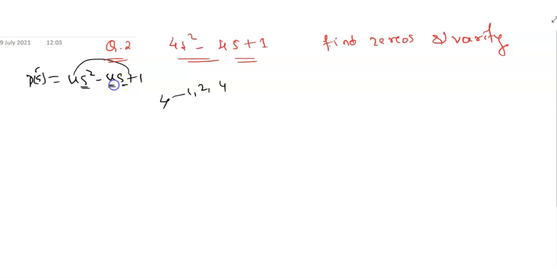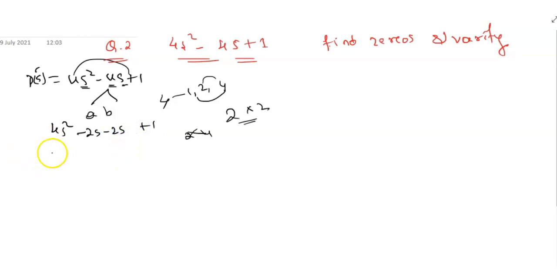I have to split the middle term 4 into a and b. Let's say 1 and 4 or 2 and 2 combination. It is not possible with 1 and 4, so I will take the 2 and 2 combination. So 4s square minus 2s minus 2s plus 1.